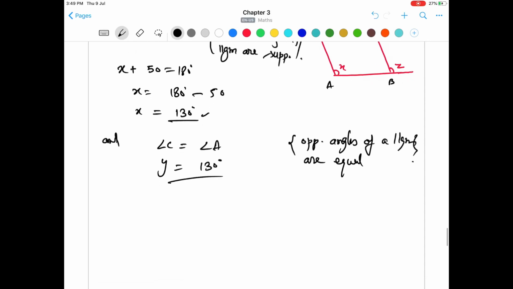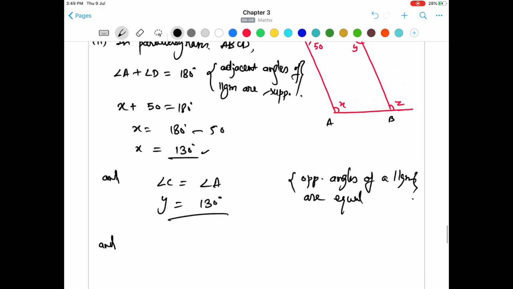That's why angle C and angle A are equal, and angle y turns out to be 130 degree. The opposite angle we have calculated here.